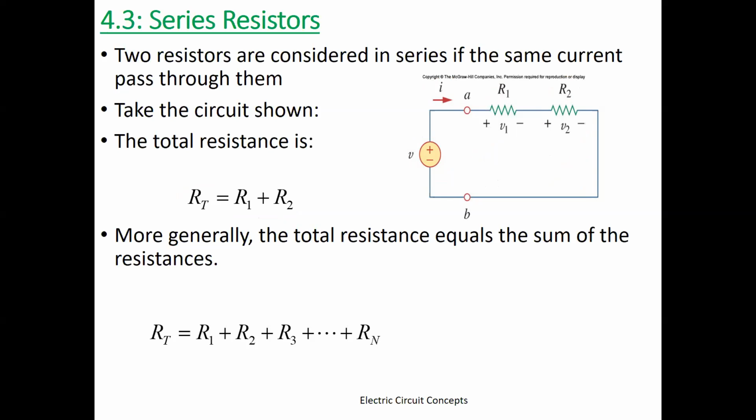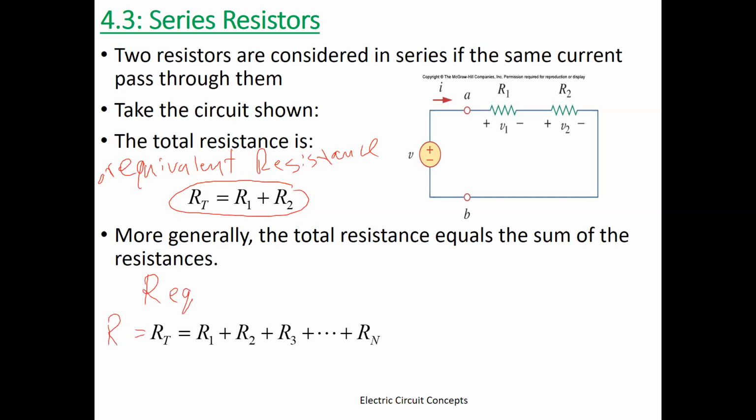With two resistors, it's very easy to determine the R total, which sometimes is called R equivalent, or equivalent resistance. Either total resistance or equivalent resistance, and the abbreviation is REQ. Some books use REQ or R equivalent.